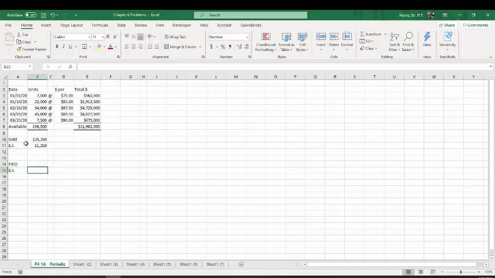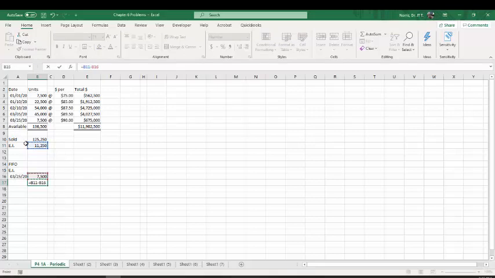How many units do we have? Well, we have all 7,500 units that we bought on March 25th. So 7,500 units. And what does that leave us? Well, we need a total of 11,250.